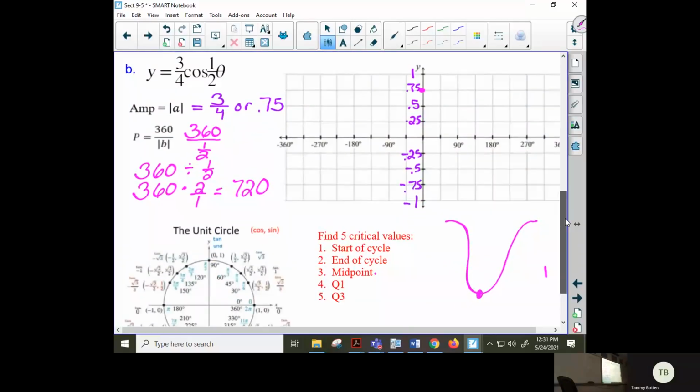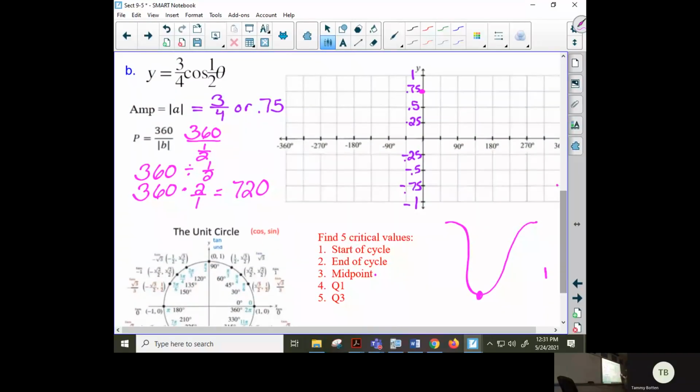I'm going to just draw it right over here. Okay. Then what do you think is going to be halfway in between here at 180? Isn't that going to be where we're going to cross the x-axis? So do you get that it would look like this? Okay. And then if we could continue it, it would go up here.